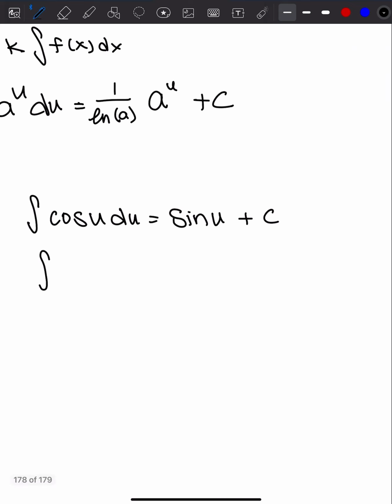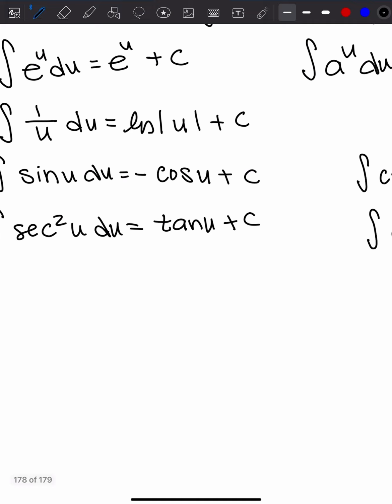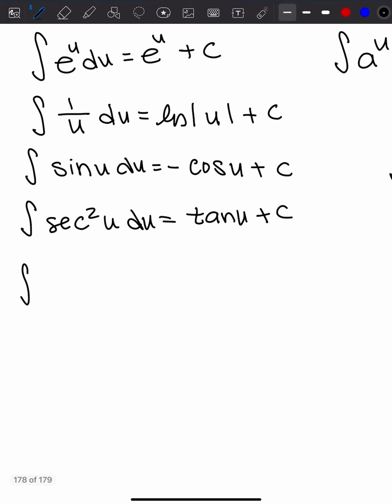That means cosecant squared's antiderivative is going to be negative cotangent. Okay, then we got that last one.